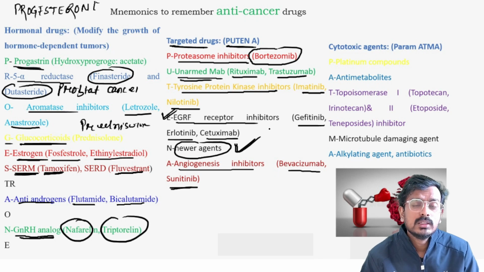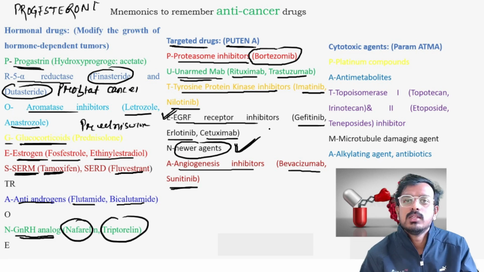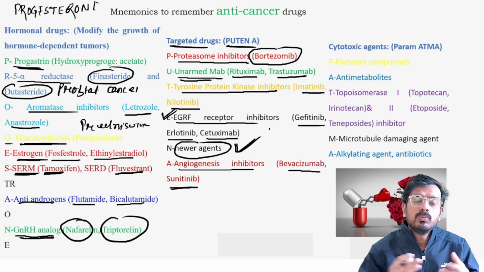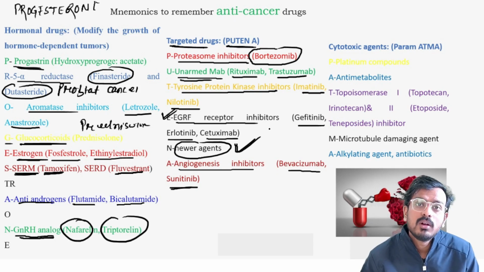So angiogenesis is required to supply blood to newly formed cancer cells. We block this process, so new blood vessels will not form around the cancer cell, and that cell will die. This is the simple mechanism.